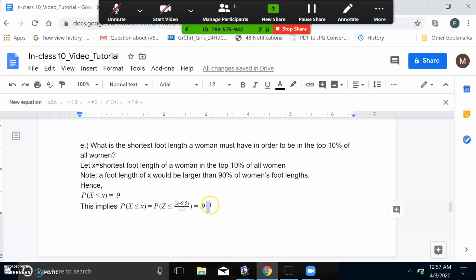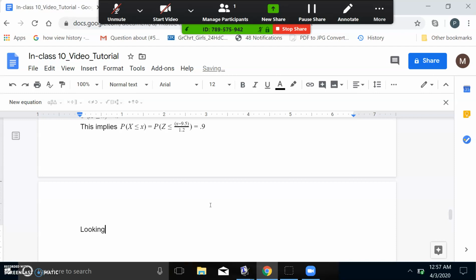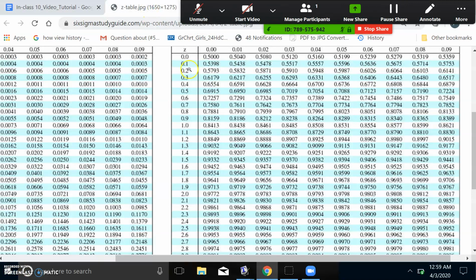So looking on our z-table for 0.9 in the body of the table, and then going backwards to find z. Let's go to our z-table and look for 0.9 in the body of the table.